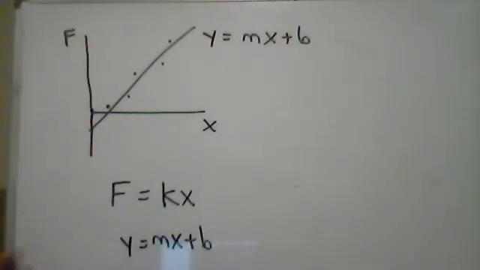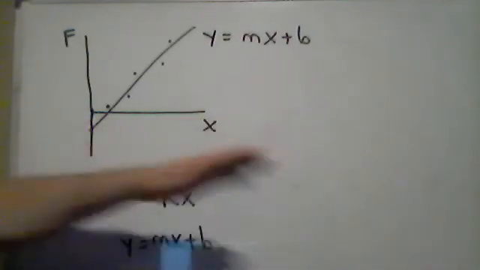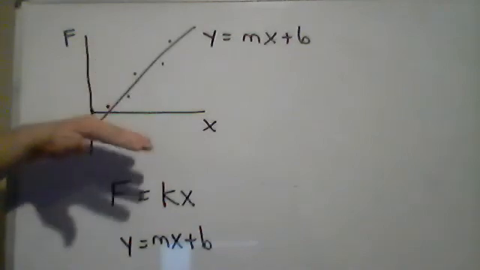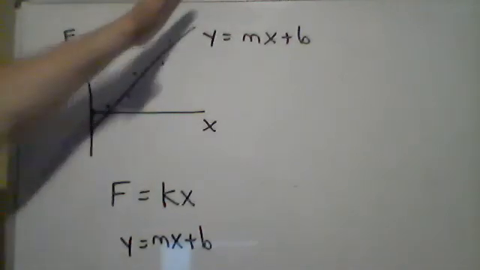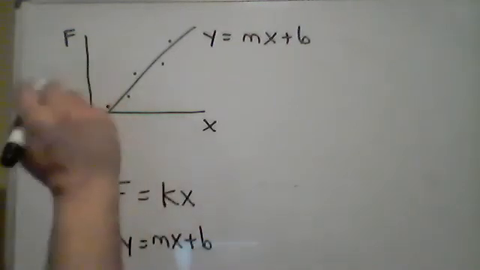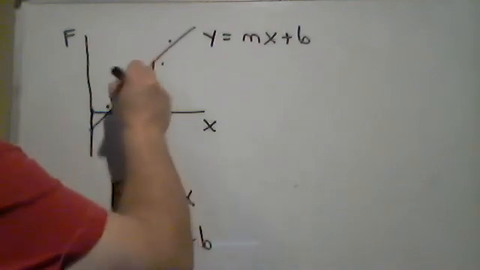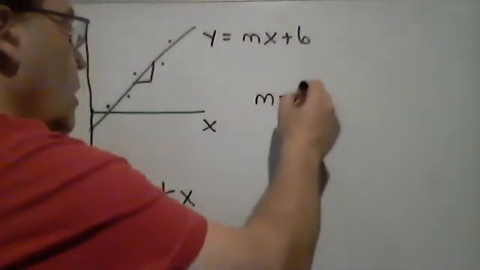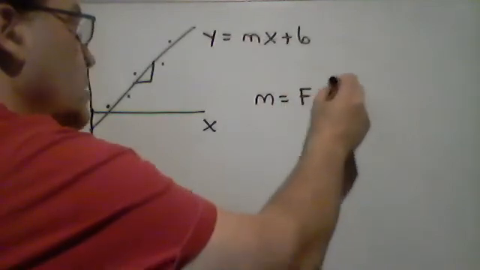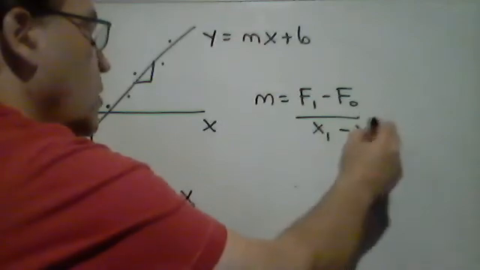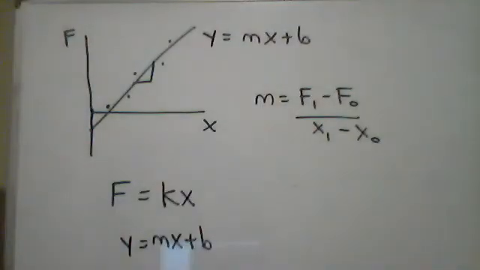If I did things perfectly, B should be 0. In a perfect world, my line should be coming from the origin going up. But it's not, and it doesn't matter. I have enough data. What I really care about is the slope. The slope is F1 minus F0 divided by the change in horizontal between two data points, the change in vertical over the change in horizontal.